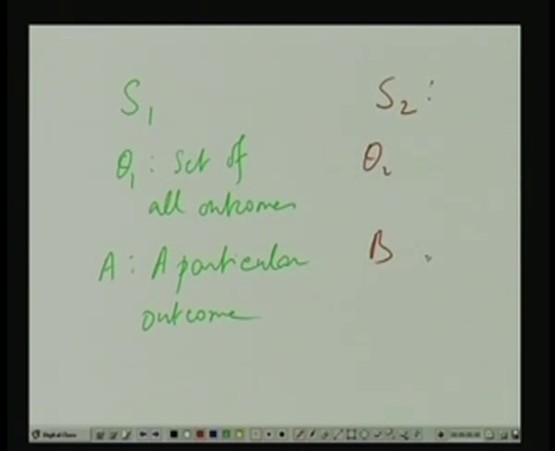In that case, we have seen one result. Instead of calling A an outcome, it will be more general if we say A is an event, that is a set of outcomes, and B also is an event. So, what is AB?